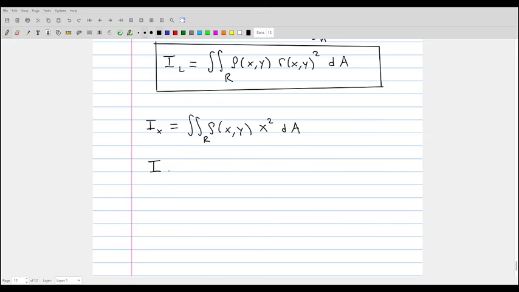The moment of inertia about the y-axis is going to be the double integral of the density function multiplied by y squared.